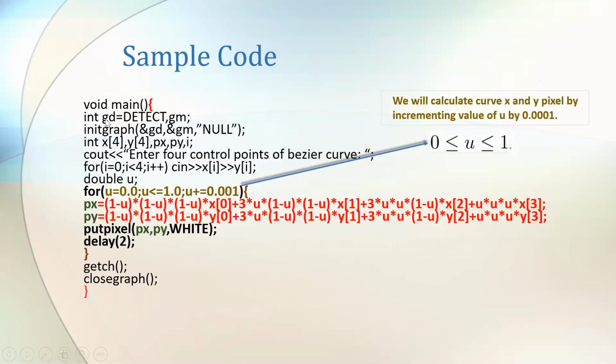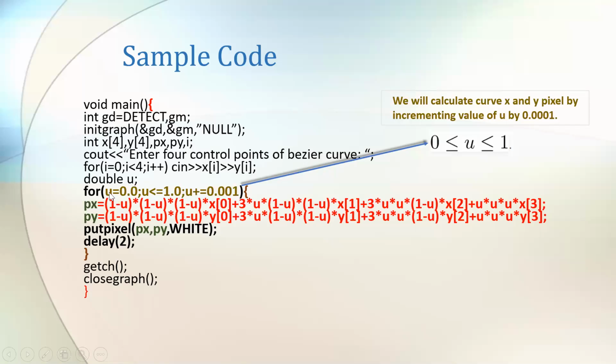As you see, the first part is detecting the graphics driver and assigning the graphics mode value. Here initgraph is initializing the graphics. Then you're going to be asked for the 4 control points because we are implementing a cubic curve. You have the first and the last point and 2 middle points, and since 4 points are used, you're going to iterate 4 times and accept the x and y value for each point.